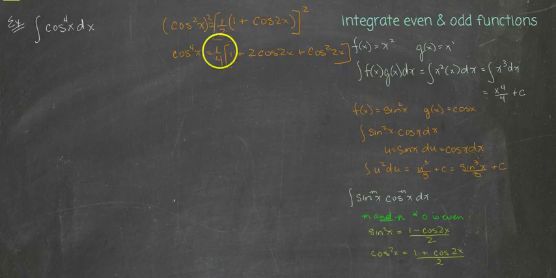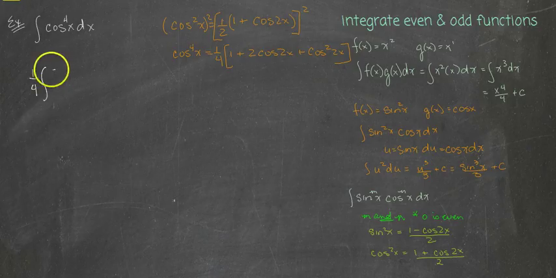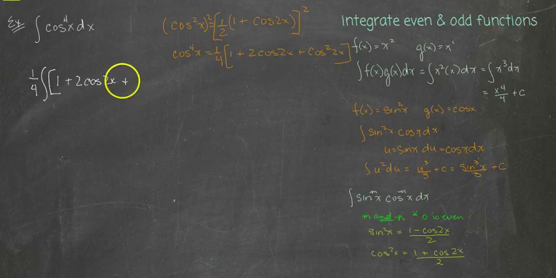So now I'm going to make the substitution. 1/4 is a constant, so I'll pull it out front. I think I'll keep everything together for now: 1 plus 2 cos 2x plus cos squared of 2x dx.